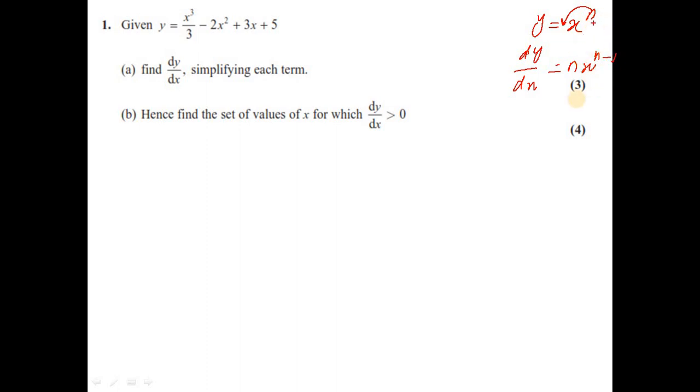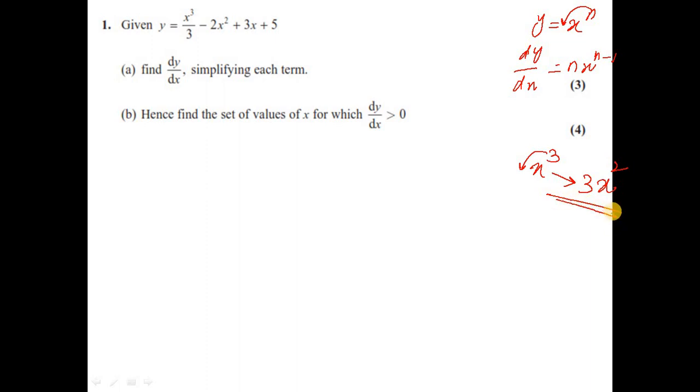So the derivative of x^n is n x^(n minus 1). Using this concept, if you have x cube, the power comes down, so it becomes 3x, and the power of x cube is made 1 less, so it will be 3x square. So the derivative of x cube is 3x square.